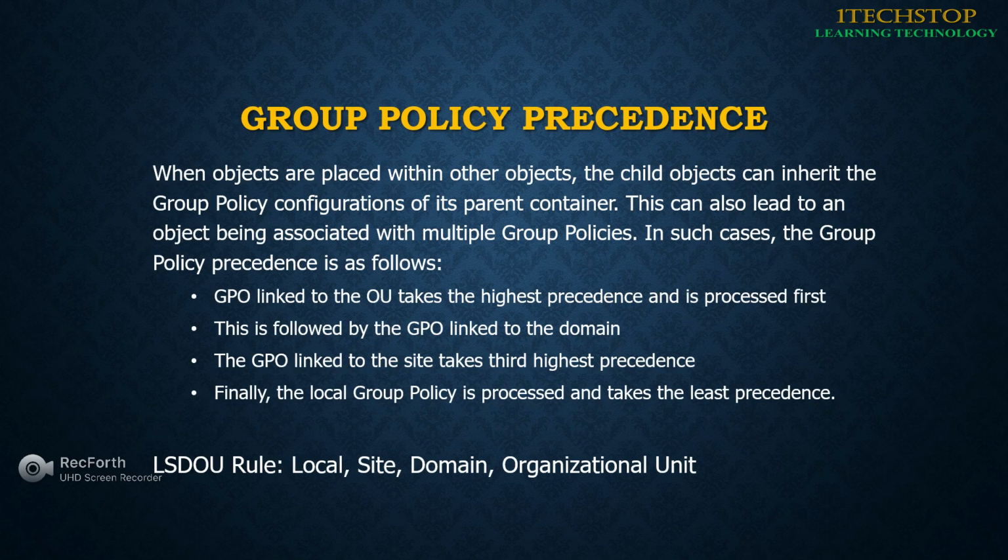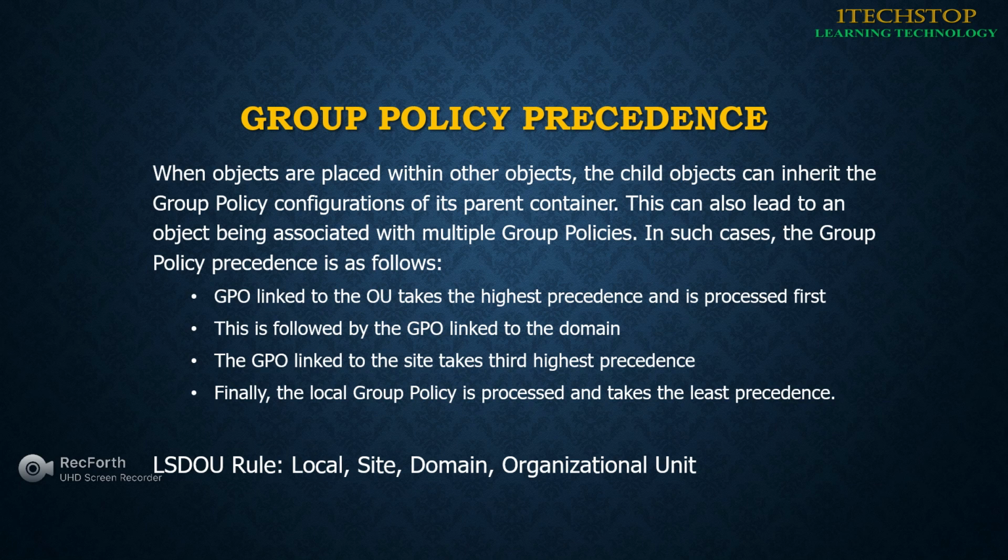Now, what is group policy precedence? Let me give you an example. Every computer or machine has its own set of local group policies. So when a computer boots up, first the local group policies are applied.